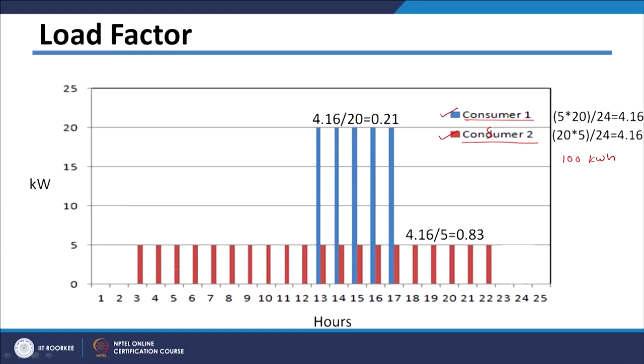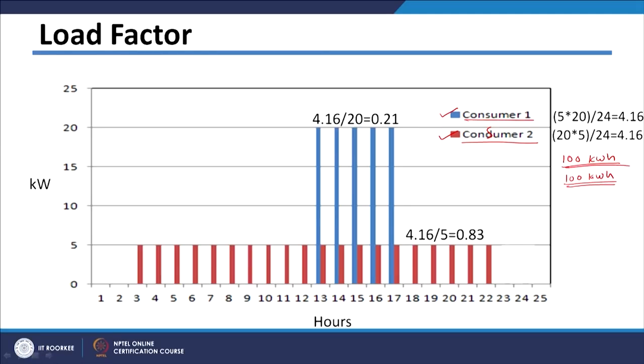And for consumer number 2, 5 kilowatt is consumed for 20 hours, so this consumer is also consuming 100 kilowatt hour. So both consumers are consuming 100 kilowatt hour. If you are charging only for kilowatt hour, they will get the same bill.